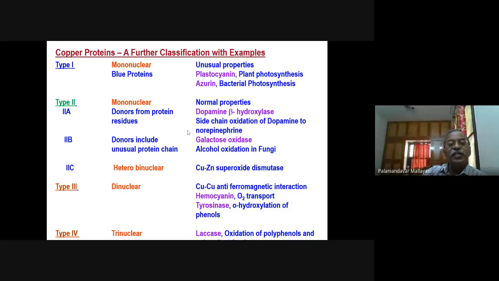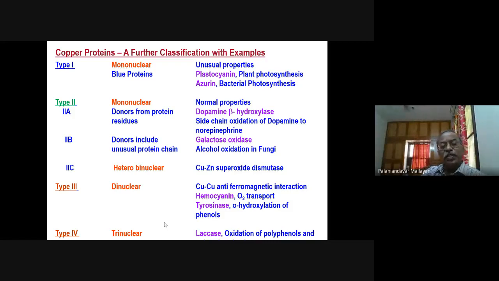I told you how synthetic mimics can be obtained for type 1, and to some extent you can get synthetic mimics for the type 2, but it is very difficult to get synthetic mimics to have these geometries, dinuclear or trinuclear active sites, very difficult. So in that case, one should first understand this. Probably in future you will be able to make a model for laccase.